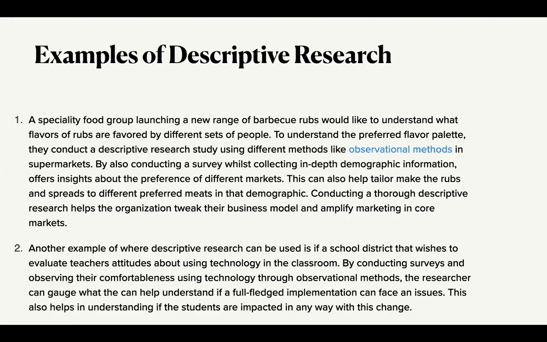In-depth demographic information offers insights about the preferences of different markets. This can also help tailor-make the rubs and spreads to the preferred flavors in each demographic. Conducting descriptive research helps organizations pick their business model and amplify marketing in core markets.